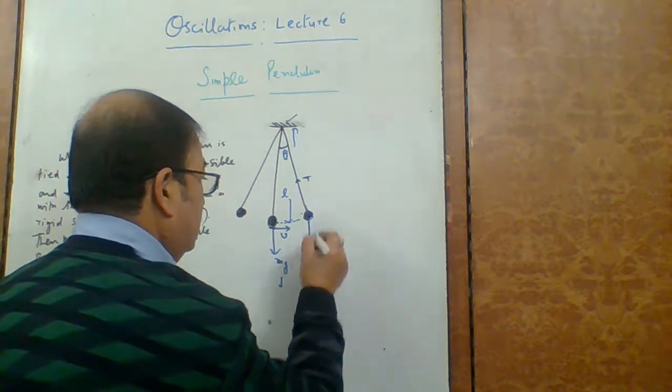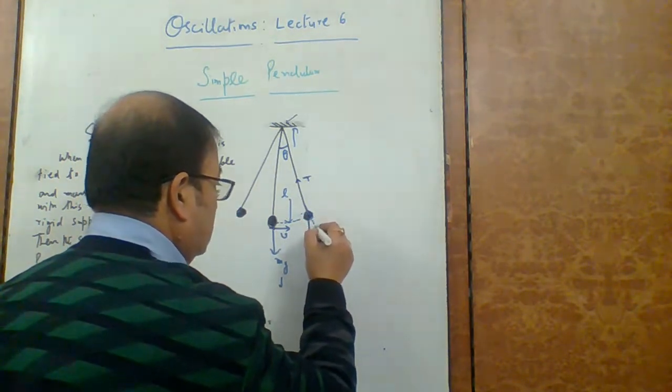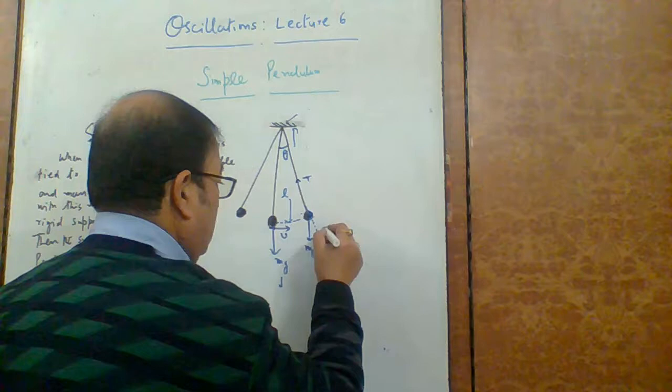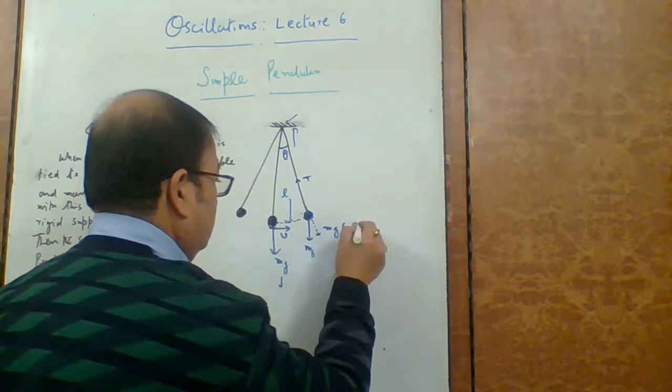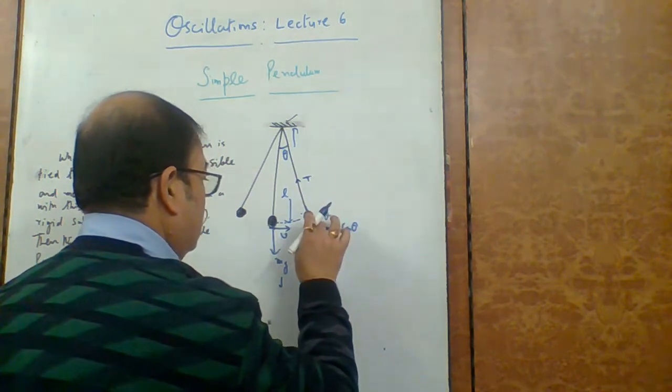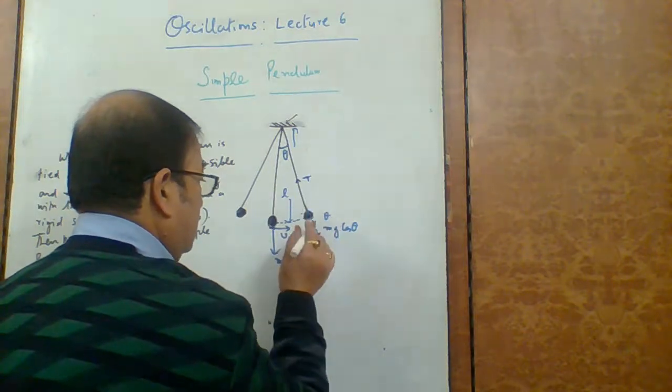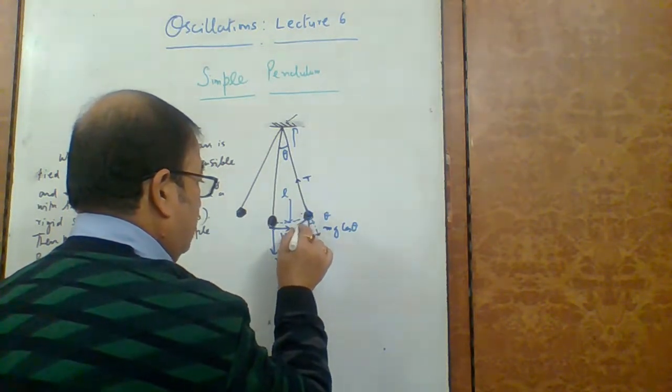Mg is still here, and I am continuing this line, and this will be your mg cos theta, and mg sin theta will be like this.